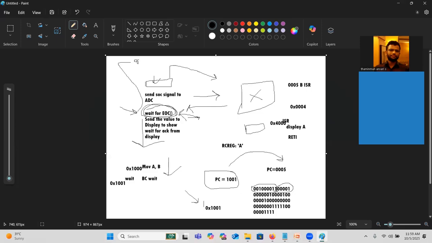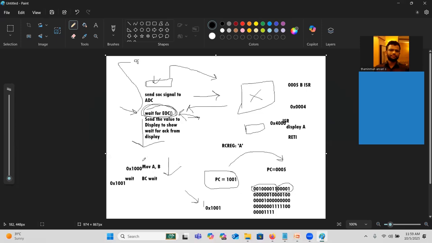Have you heard about instruction set in microcontroller? Every microcontroller has an instruction set. When you hear instruction set, immediately it will appear in your mind as commands like move a comma b. Every one of these commands will have an equivalent binary. That is called the instruction set of that microcontroller.